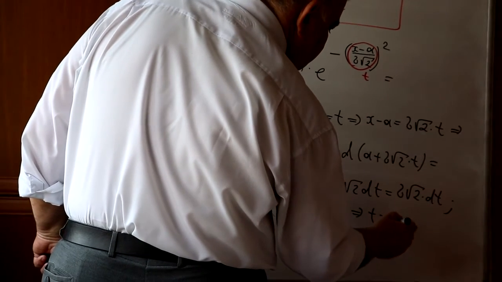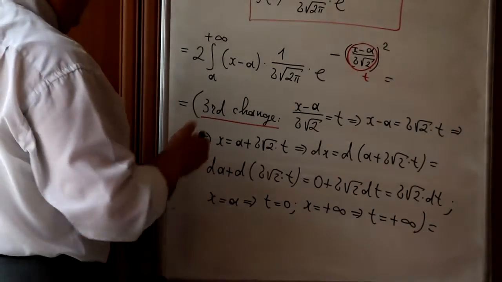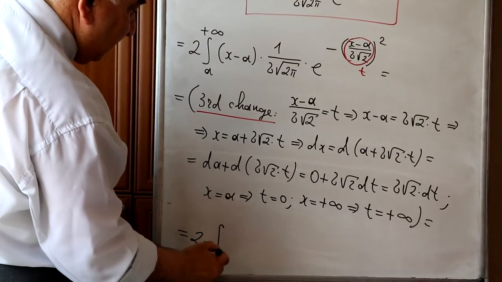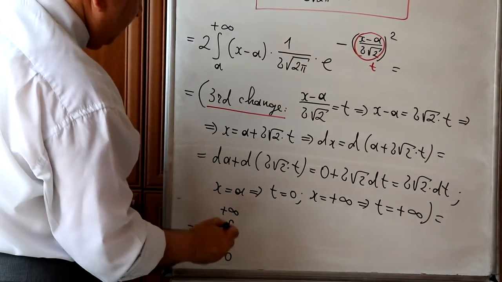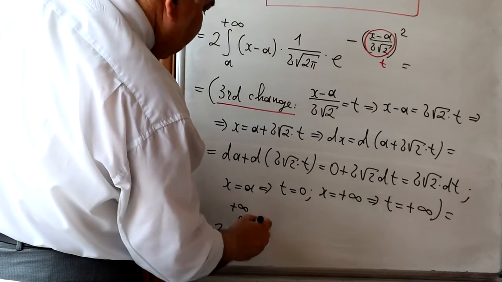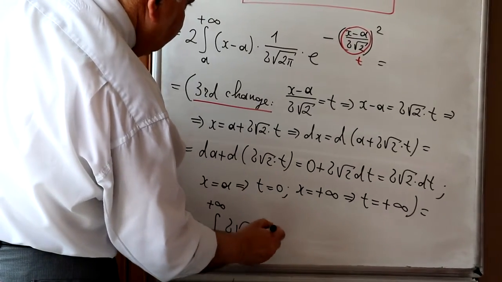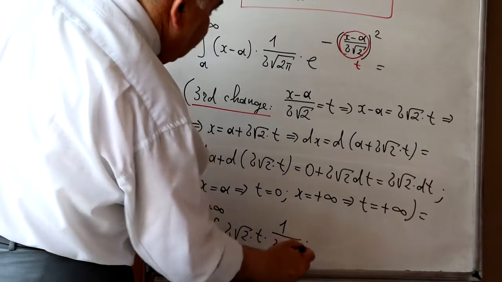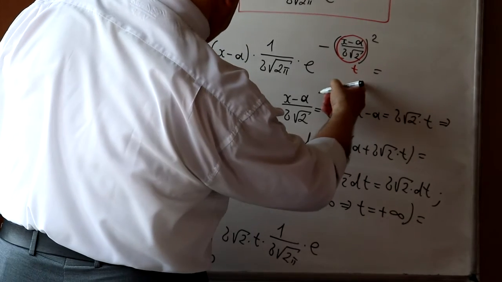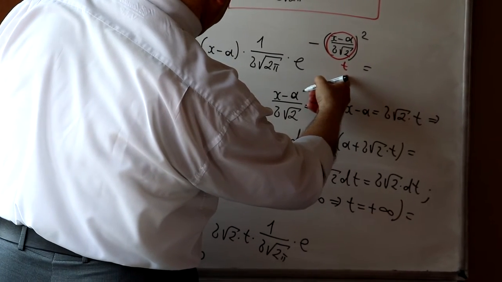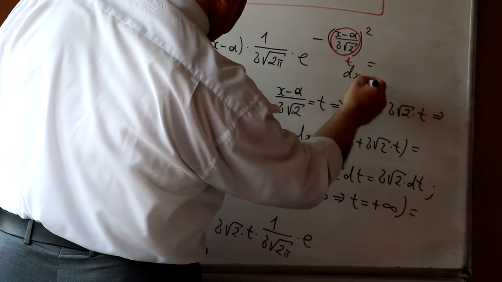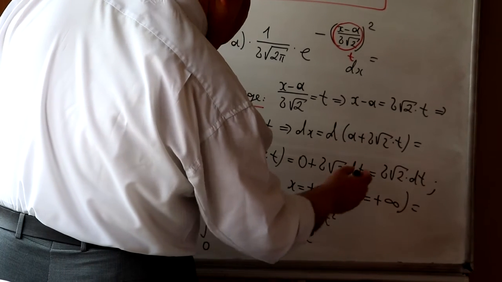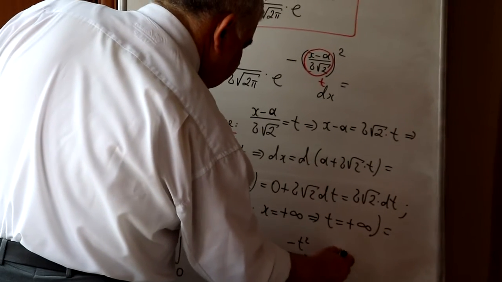T is plus infinity. Apply the last change to the last integral twice, multiply integral from 0 to plus infinity of sigma square root of 2 multiplied by t multiplied by 1 over sigma square root of 2 pi multiplied by e to minus t squared, here we must write also dx, and multiplied by sigma square root of 2 dt.